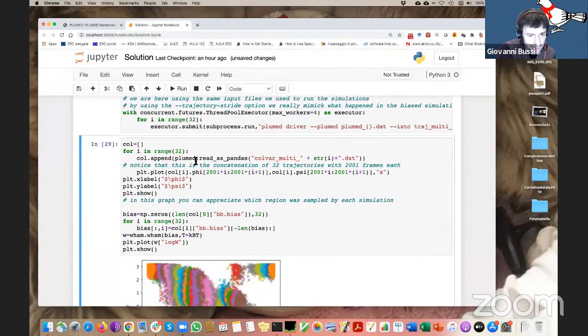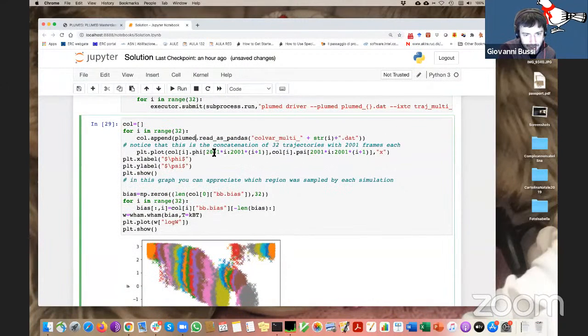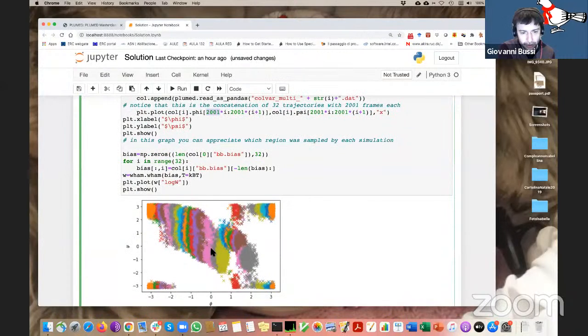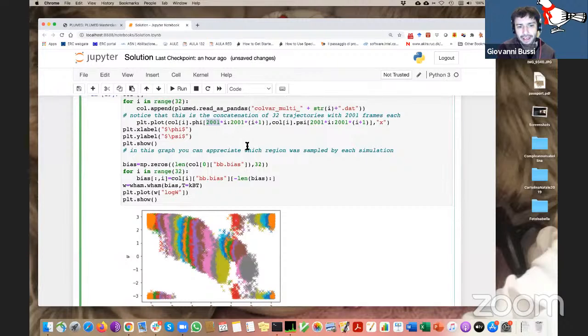Okay, it's done. So what this script is doing is just reading a separate data frame from each of the trajectories. And then each file basically contains 2001 lines. So if I split the rows in this way, I will just paint with a different color each of the separate simulations. I could have done the same by reading separately the colvar files that I produced while running the simulation.